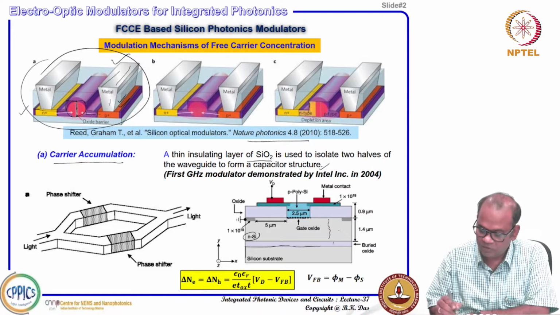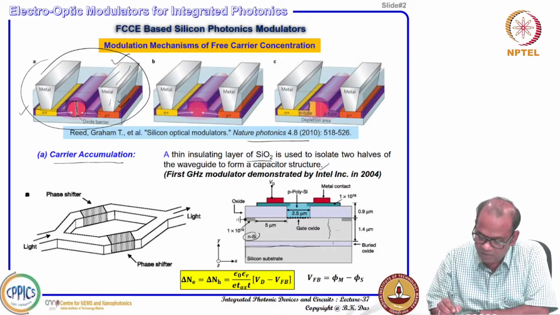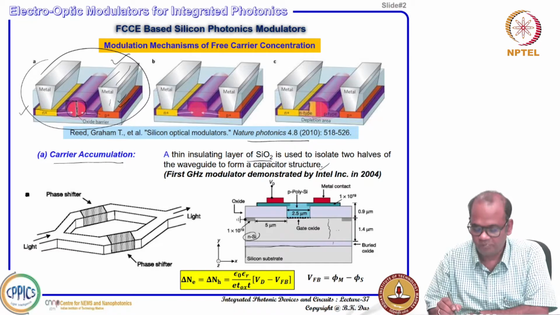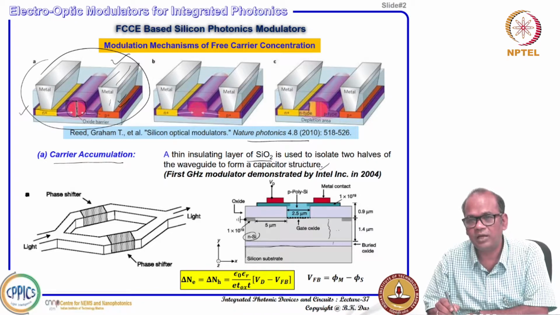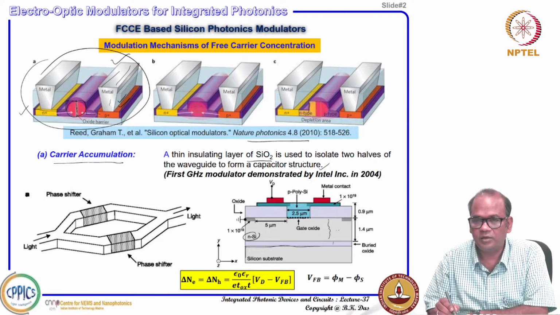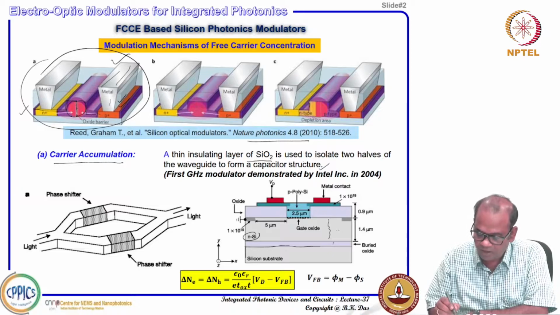So there is a thin layer of gate oxide, very thin, and then you can deposit polysilicon. Polysilicon can be used as a gate material, gate metal.